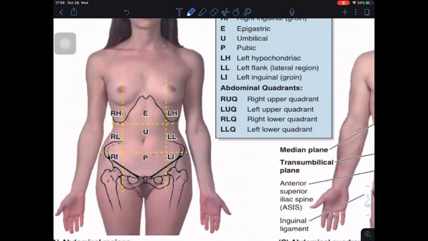The very first plane, which is running horizontally, is called the subcostal plane, because this line is passing right under the costal cartilage of the 10th rib, or basically the 10th costal cartilage. Why?